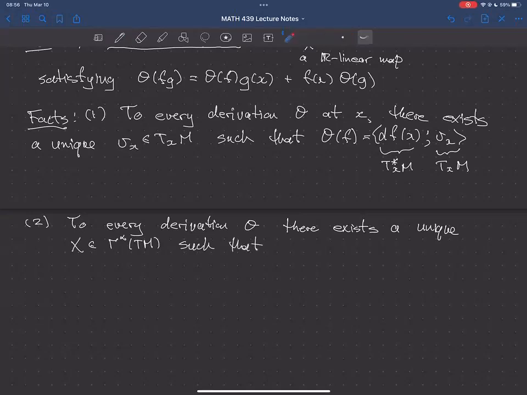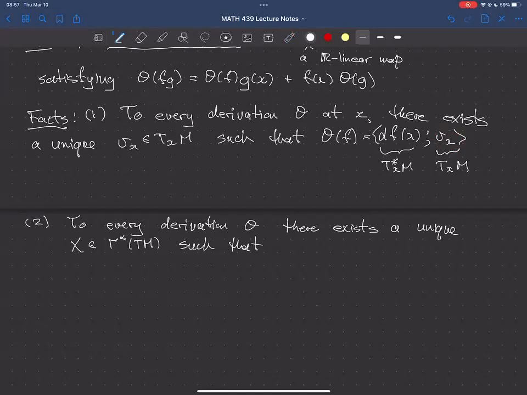the condition that you invoke is very similar to this one, except rather than having a single tangent vector at a fixed point x, you stick in here the value of the vector field capital X at x.